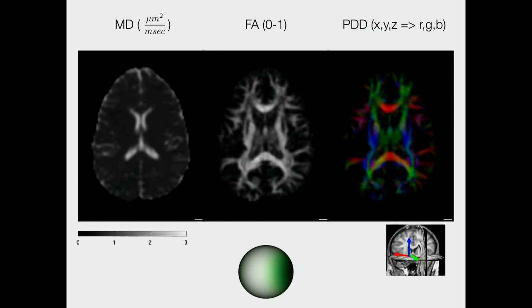The green is along the front to back of the brain, and blue is up-down. So here, for example, there are bundles that go up and down to the cortex, and this is what we call the corticospinal tract. These are big bundles of connections between the cortex and the spine that transmit information about what muscles to move. So this is the primary voluntary motor output of the brain. So that's this blue thing here. It might be the corticospinal tract.